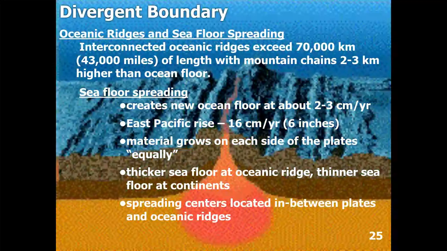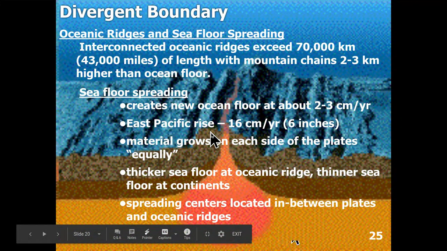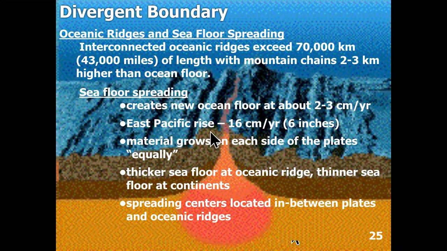In terms of activity, again, divergent boundary is the same as sea floor spreading. So you would expect along the divergent boundary to have new ocean floor created at about 2 to 3 centimeters per year. One area just off the coast of South America, known as the East Pacific Rise, moves about 16 centimeters per year, which is about 6 inches per year, which is actually pretty fast for plate movement.